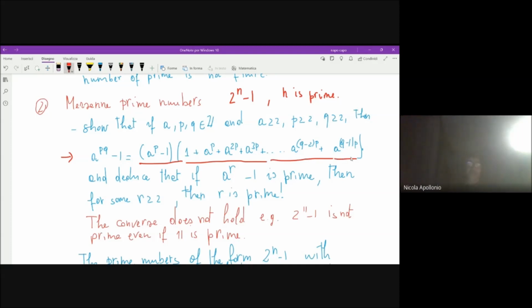You can write this expression, a raised to pq minus 1, as the product of two numbers. So what can you deduce by this equality?